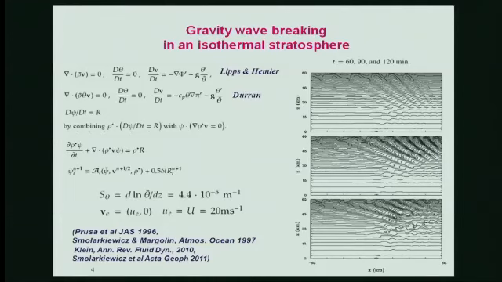So here what you can see are the two equations which we use for this test case. The first one is the anelastic equations of Lipps-Hemler, and the second one is the pseudo-incompressible equation of Durran, which Piotr already introduced to us, because in this case we are able to have the same numerics, so partially it relates to your question.